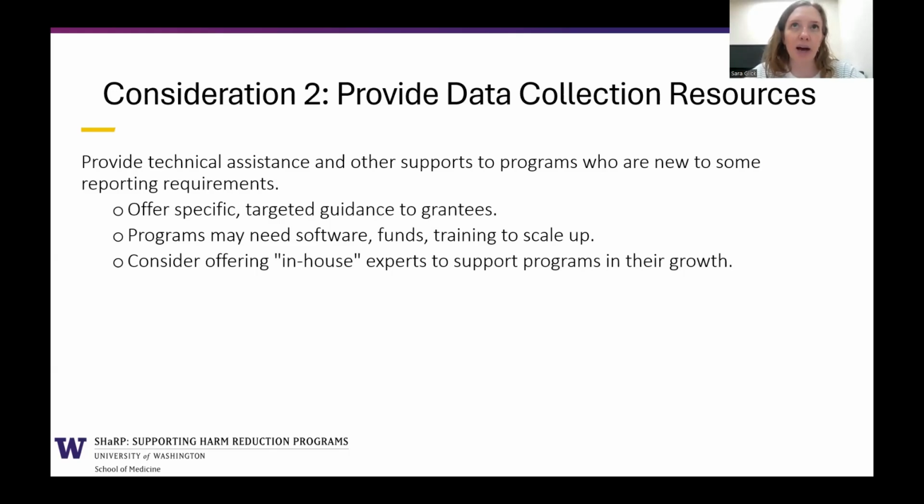It could allow for funding for monitoring and evaluation. It could allow for needs like software or funding for training to help scale up that data collection. And you might even consider having experts on your team to help support other programs in their growth.